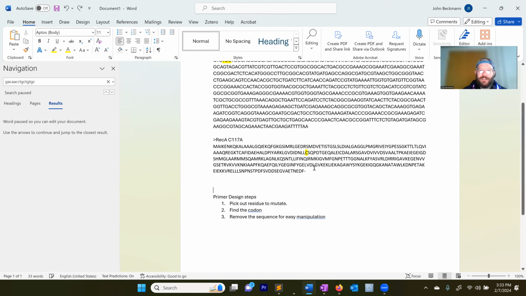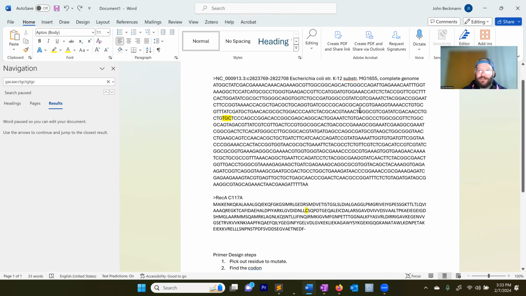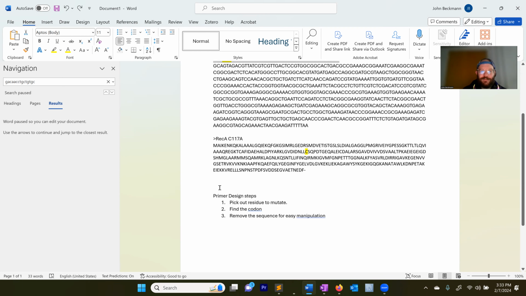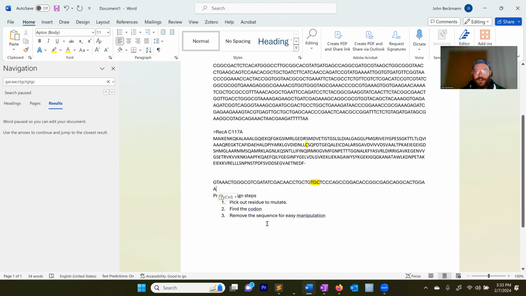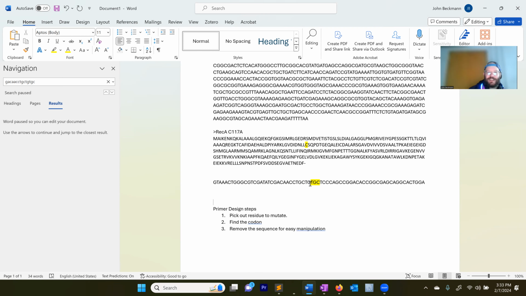That's not enough. I want that mutation right in the middle. Let's try this. Okay, this is good. I have isolated that sequence. This is what I'm going to design my primers from. Then step 4, all you have to do is change the codon on the computer.